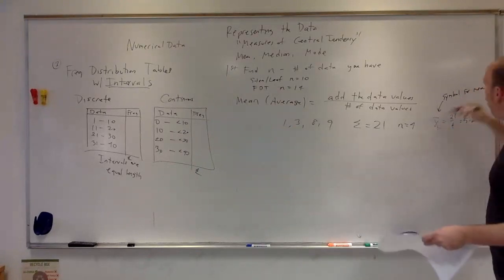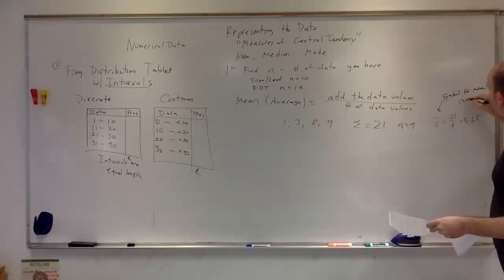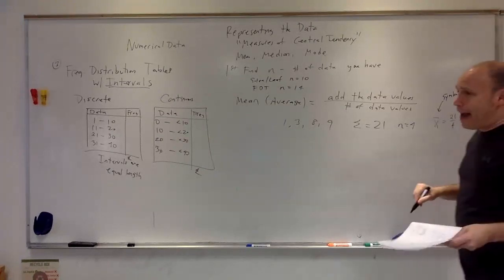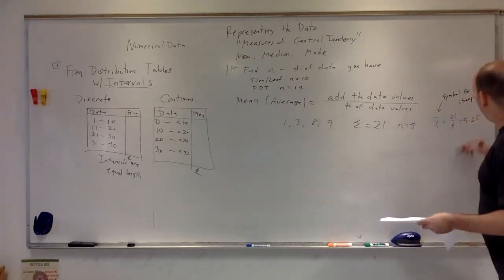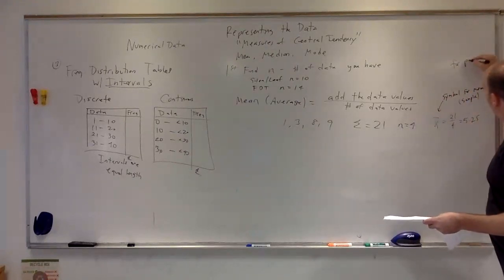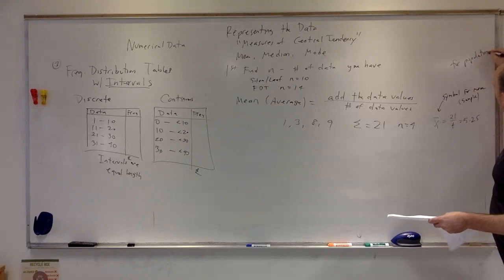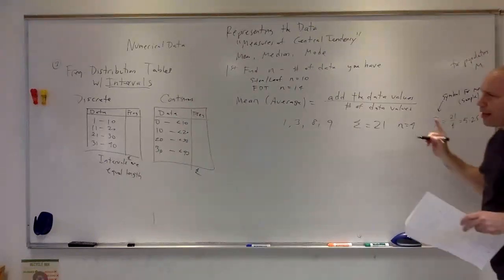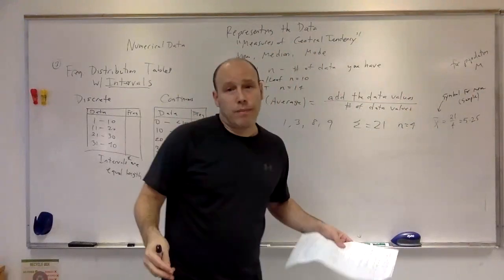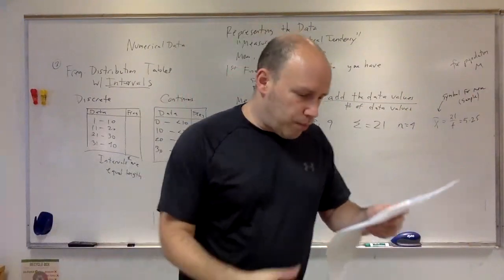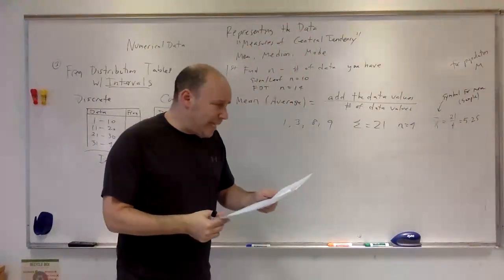Technically it is the symbol for the sample. If you manage to get the entire population, we use mu, but that's rare. Anyway, let's move on.